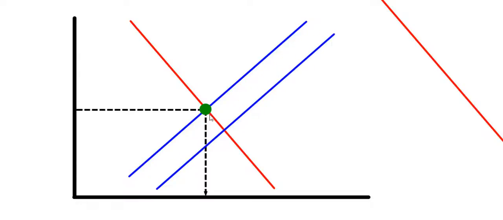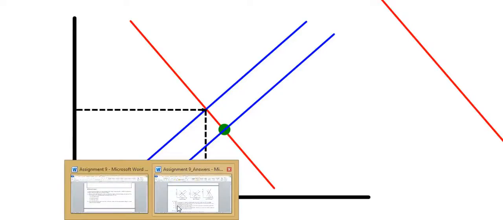It's going to shift, and then you can see what's going to happen to our quantity and our price at equilibrium. Okay, so you can sketch that graph. Now you simply apply this same kind of reasoning to the other scenarios, and let's see what they are.